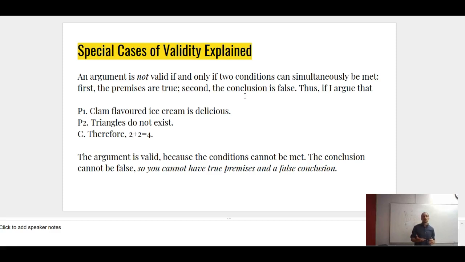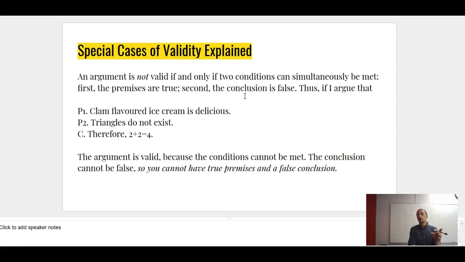It kind of illustrates an abstract point about the kind of reasoning we're going to be engaged in in logic. You really have to take the letter of the law. You might think, it doesn't make a lot of sense to have a valid argument with a tautological conclusion because that's not what logic is about. Just stop all that kind of reasoning and just look at the letter of the law in terms of the definition of validity.